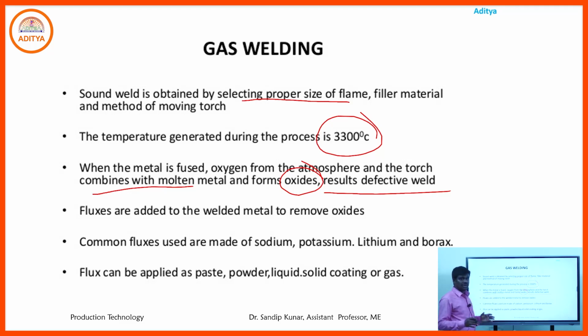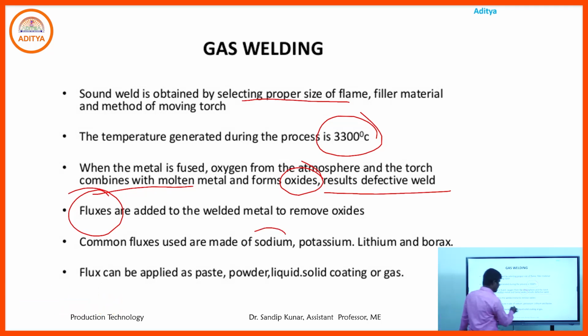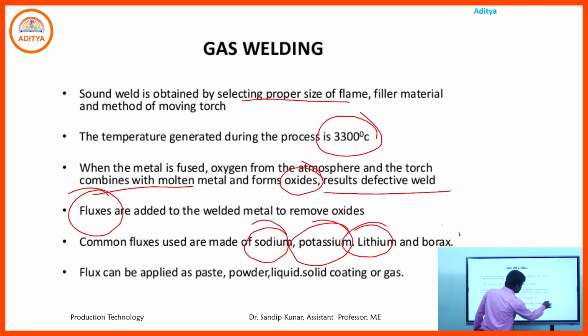In that particular welding, sometimes we also use fluxes for protection from the oxygen. Means if we are using fluxes, it will protect the metal from the oxygen in the air, and also protect against reaction with the molten metal. Common fluxes are generally made of sodium, potassium, lithium and borax.